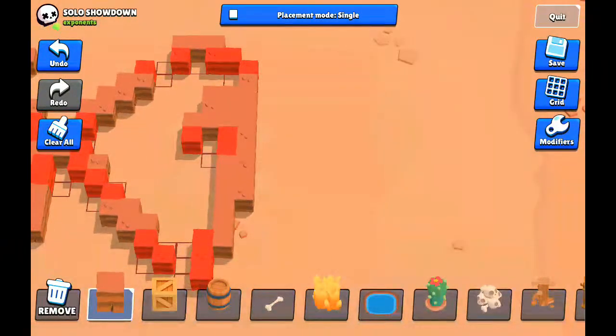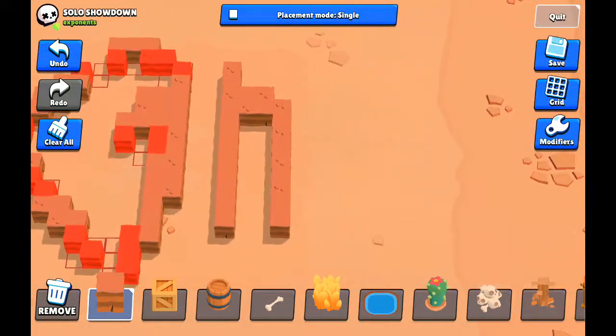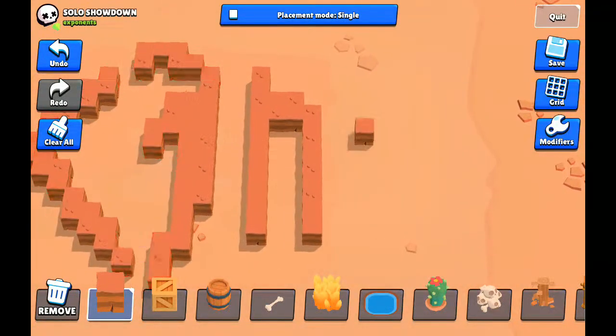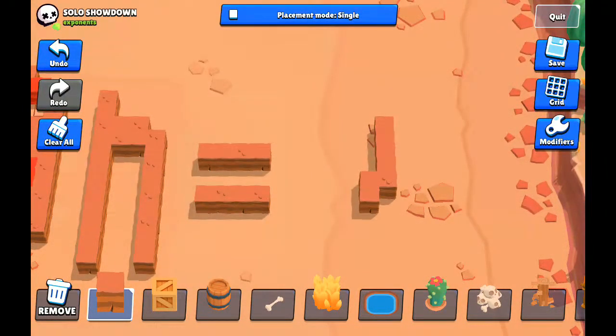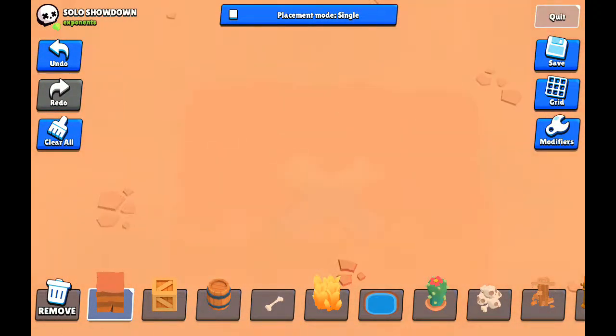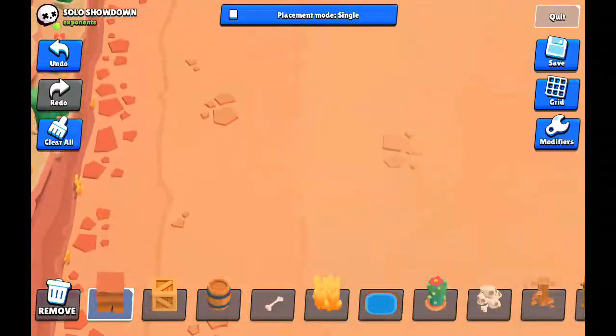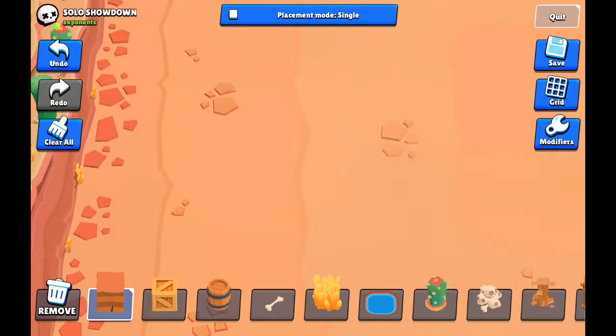There we go. N. I don't think that we have enough space. Equals J. Oh, we definitely don't have enough space.